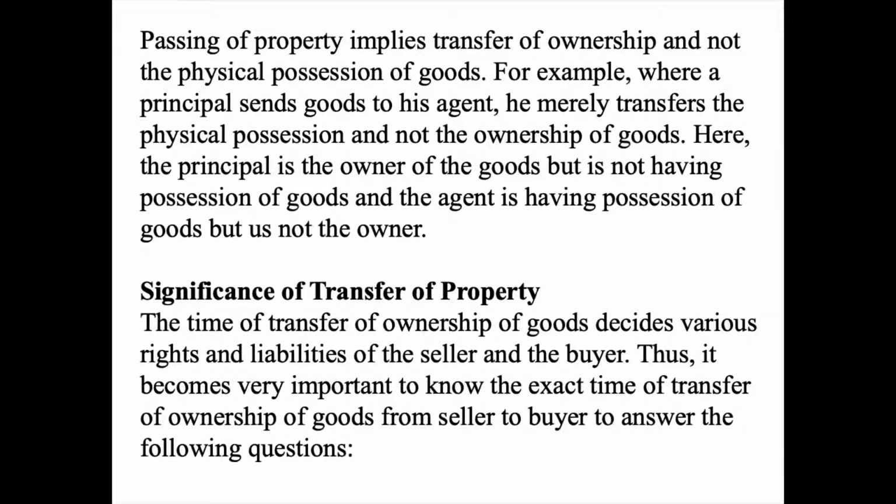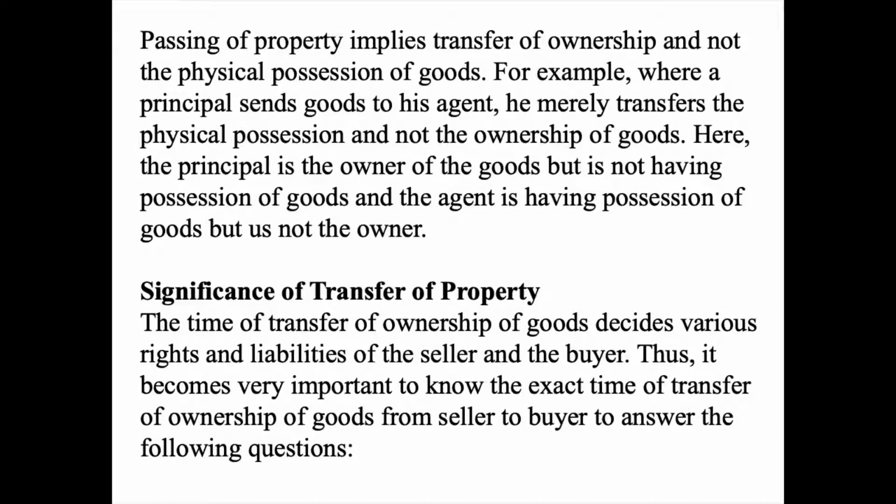The passing of property implies transfer of ownership and not the physical possession of goods. For example, when a principal sends goods to his agent, he merely transfers the physical possession and not the ownership of the goods. Here, the principal is still the owner of the goods but does not have possession, and the agent has possession of the goods but is not the owner.